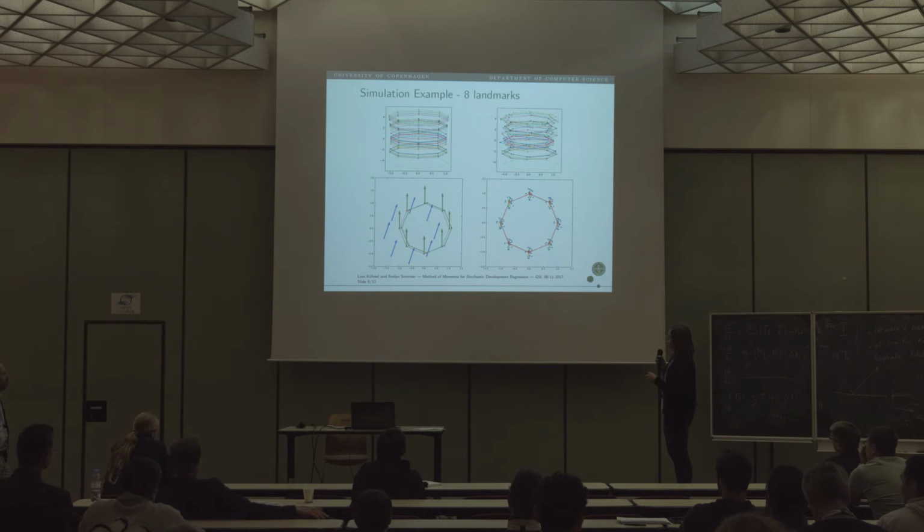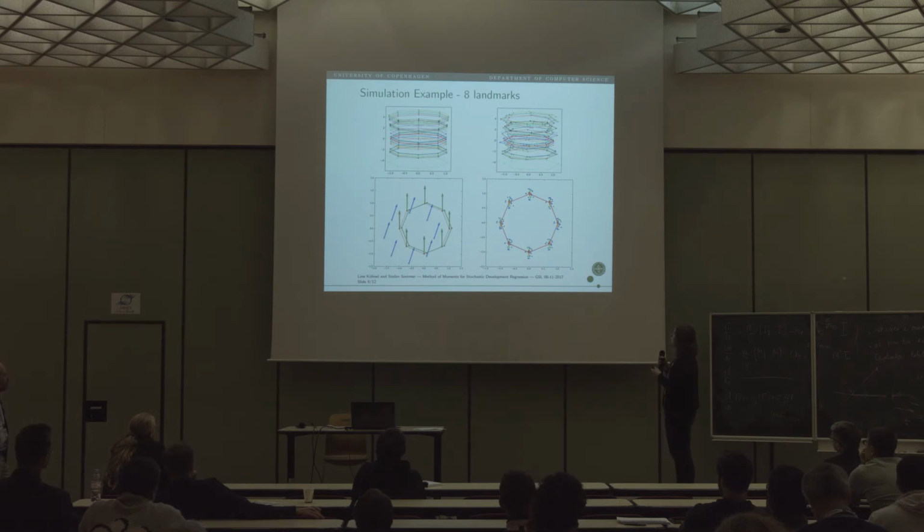I have just made circles of 8 landmarks here. The red one is the true, and the green one is my estimated, and you can see there are some red arrows behind my green ones, and then the blue one was my initial value. So it seems like it is able to find the real parameters.